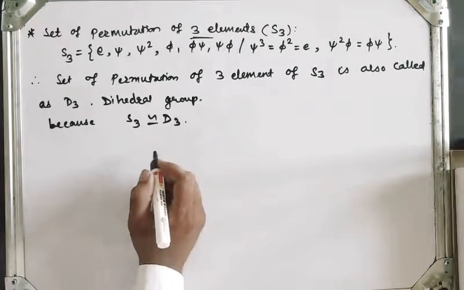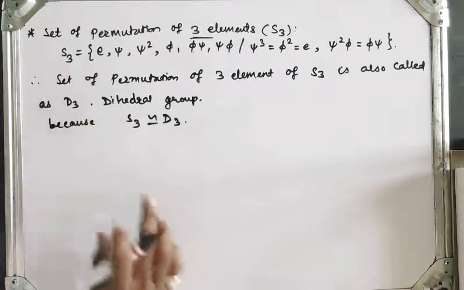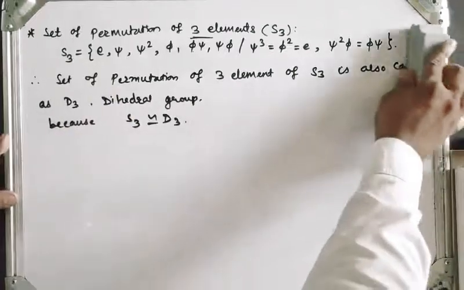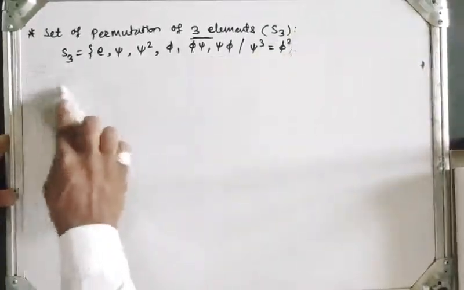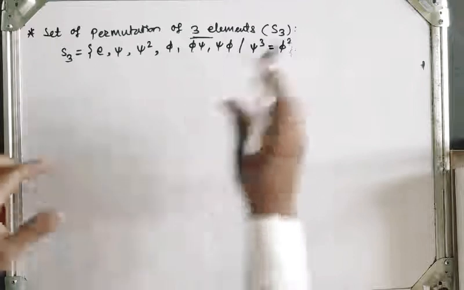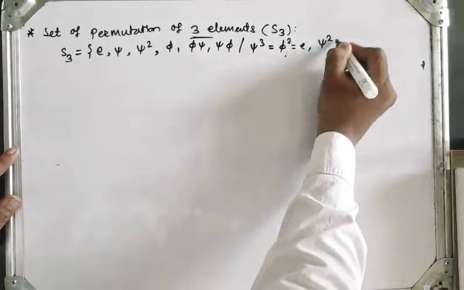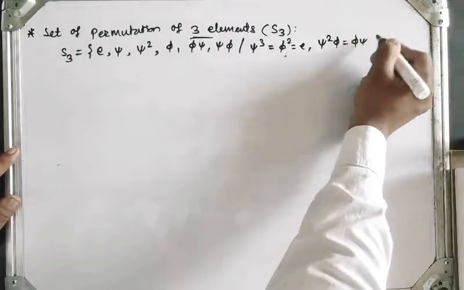Now we will see the composition table of the set S3. To prepare the composition table, we use phi square equal to identity, psi cube equal to identity, and psi square phi equal to phi psi.